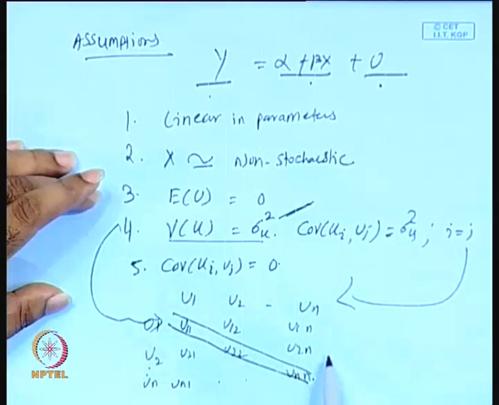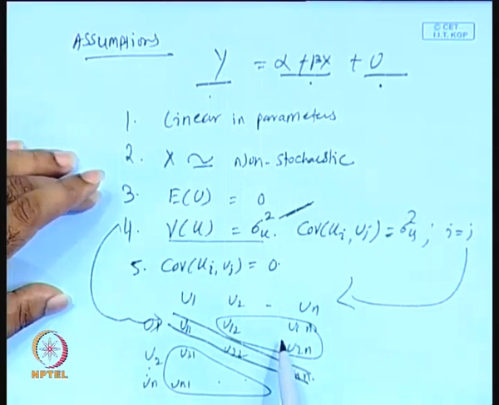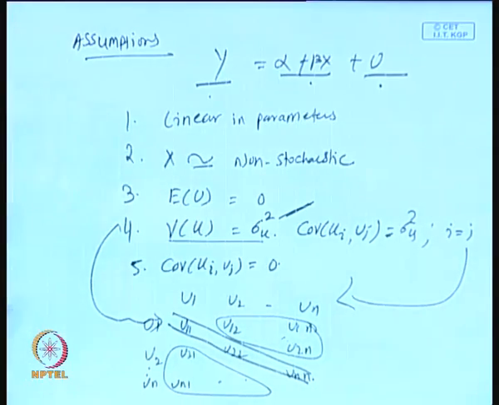All these items, the off diagonals and on diagonals, should be equal to 0. If that is not the case, then this problem is called serial correlation or autocorrelation. It is a serious problem in modeling, particularly econometric modeling. When there is serial correlation, in any estimated model there will definitely be autocorrelations.